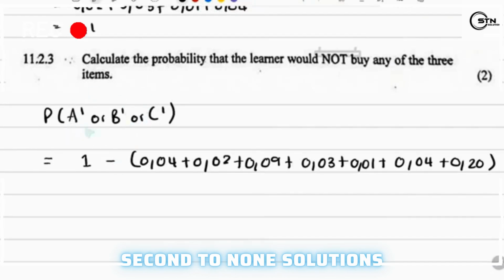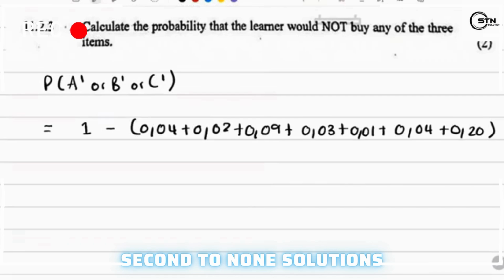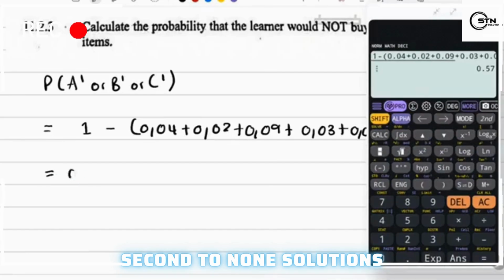Also, the notation doesn't really matter that much, but I'm just saying it's the probability of not A or not B or not C. If you watch the Venn diagram video, you understand what the word or means better. In a nutshell, it really just means to add. Okay, so when we calculate this, it's 1 minus the addition of everything in the circles. So this would be equal to, when we finally calculate that, 0.57.